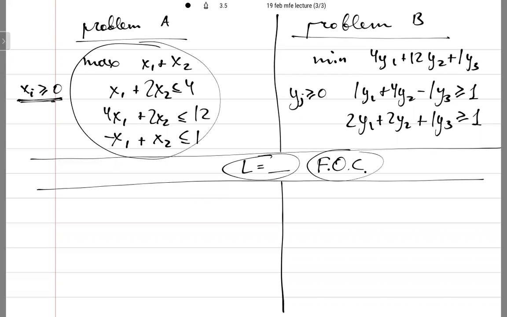Okay, we had similar questions in the last course. Is it the so-called Kuhn-Tucker conditions or something like that?